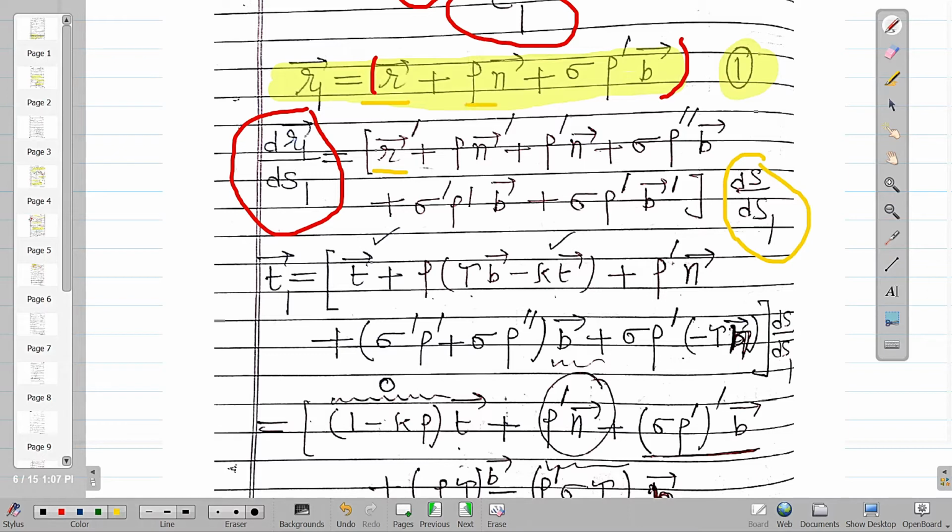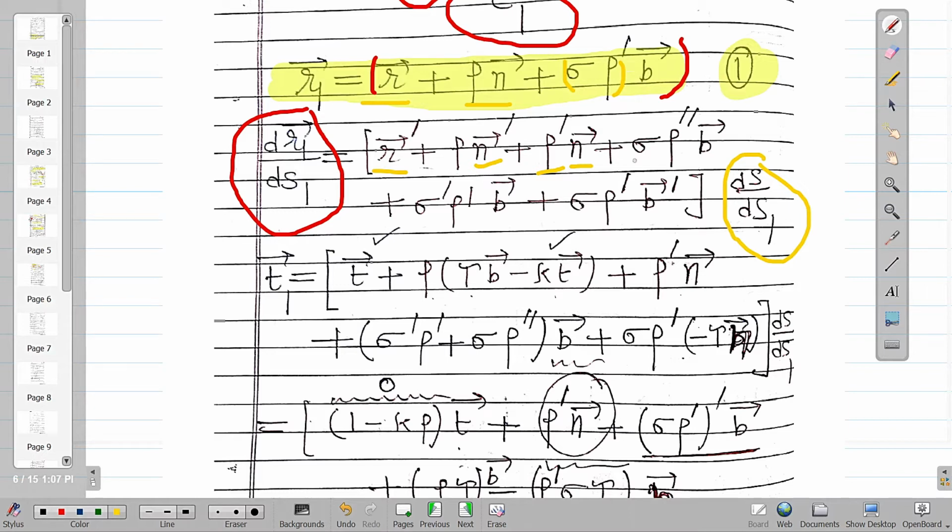Now it is a product function. So we first differentiate n, this is rho n dash, and then rho, which is rho dash into n vector, and again we can also treat it as a single parameter. So this can be written as the first derivative of b, then the derivative of this. Also we can use this derivative and this derivative.